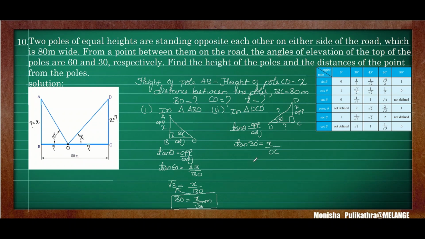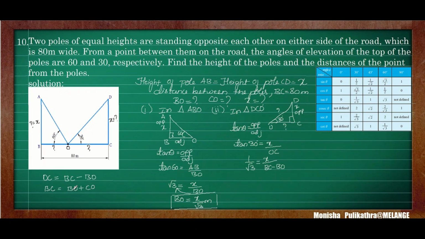Tan 30 is 1 by root 3 is equal to, we know that if we want to get OC, we have to subtract BO from BC. OC is also equal to BC minus BO. See here, OC is equal to BC minus BO. Why? Because BC is equal to BO plus CO, right?